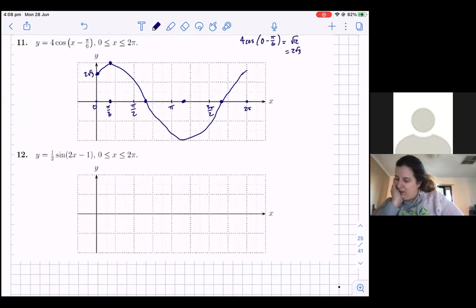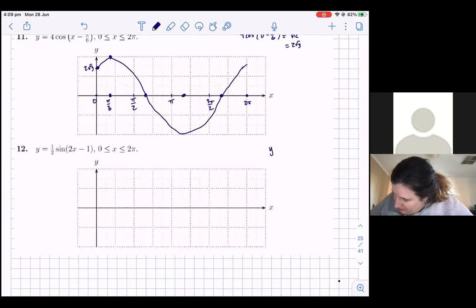Okay, half sine 2x take 1. Ugh. I think I'm going to have to actually solve this. That makes it annoying. Do I? Because I know it's moved right 2. And I know it's moved right 1. Now it's going to be easiest to actually solve it. Y-intercept. Make x equals 0.